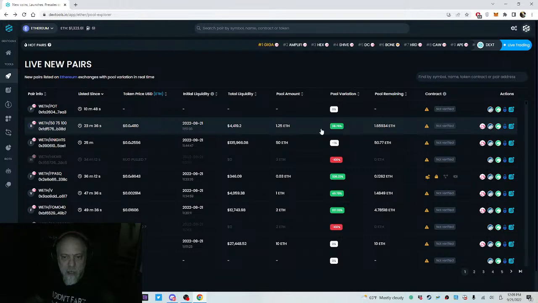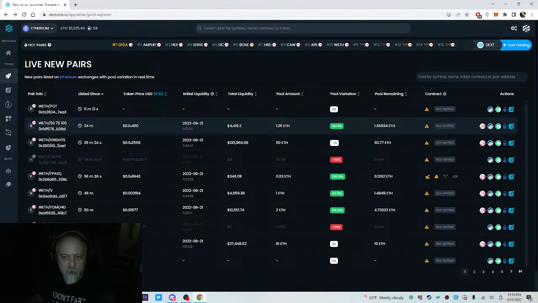The pool variation shows how much the contract has increased or decreased since it first hit the blockchain. This number shows how much is still in the Ethereum pool or Binance pool or USDC pool, whatever they used to start the liquidity pool, it will show here.